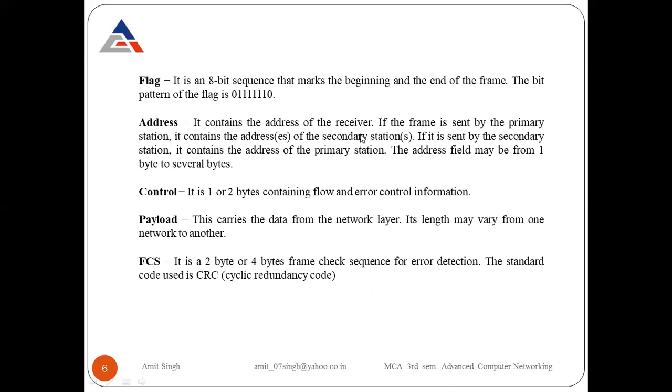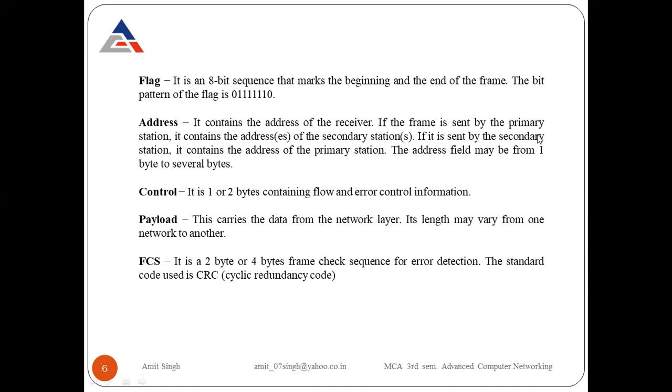It contains the address of the receiver to which we are sending the data. If the frame is sent by the primary station, it contains the address of the secondary station. Who is the primary station? A sender is a primary station. Who is a secondary station? A receiver. So this particular field contains the address of the receiver.